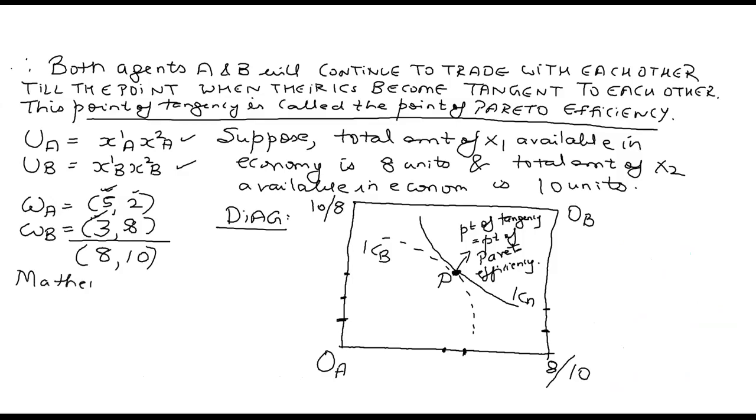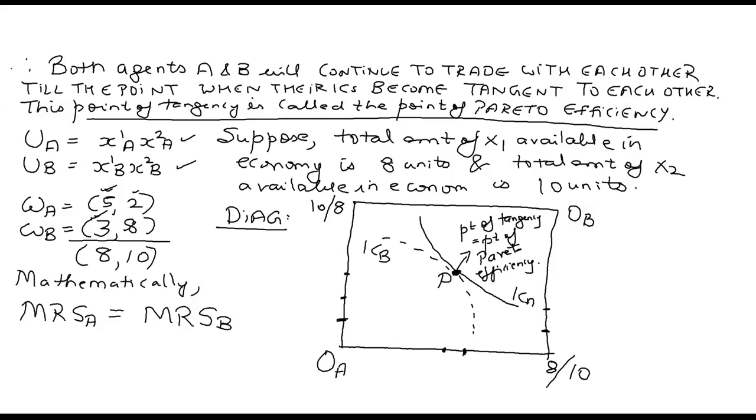When I say that two ICs are tangent to each other, what does this mean? The slope of agent A's IC, which we call MRSA, should exactly be equal to the slope of agent B's IC, which we call MRSB. All of you know how to find MRSA.